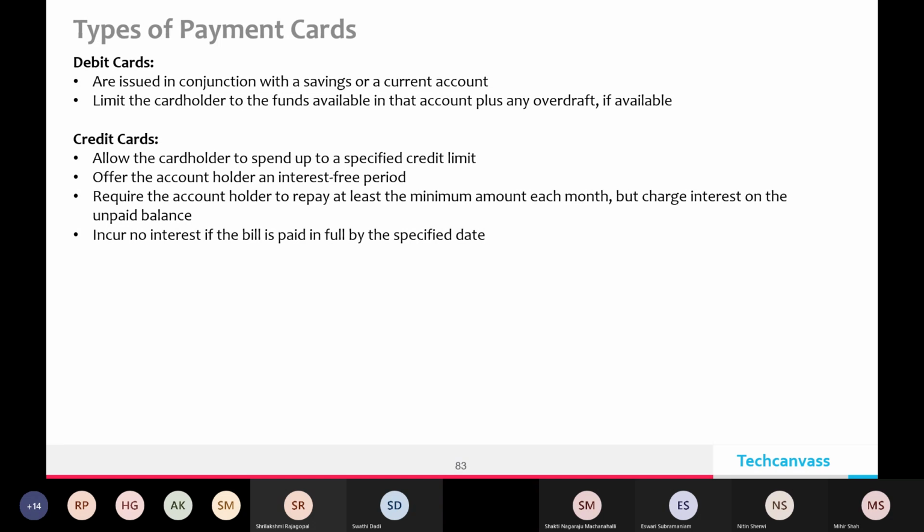Otherwise it would still be higher, but not as much. And you incur no interest if the bill is paid in full by the specified date. If the customer pays within the 50 days period, then no interest needs to be paid, and the customer can enjoy the free credit for this period.